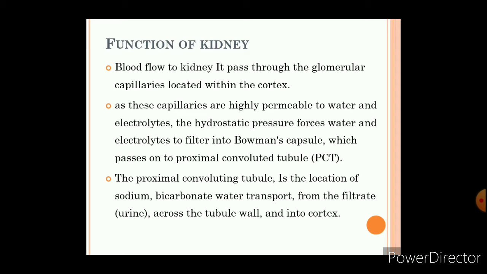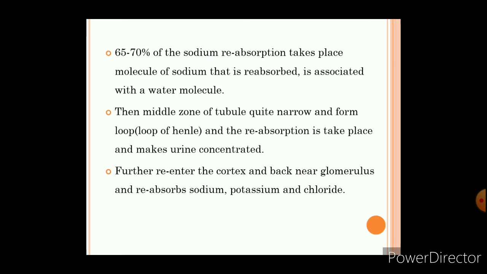As these capillaries are highly permeable to water and electrolytes, the hydrostatic pressure forces water and electrolytes to filter into Bowman's capsule, which passes on to the proximal convoluted tubule. The proximal convoluted tubule is the location of sodium bicarbonate and water transport from the filtrate across the tubule wall and into the cortex. 65 to 70% of sodium reabsorption takes place here, and each molecule of sodium that is reabsorbed is associated with a water molecule.